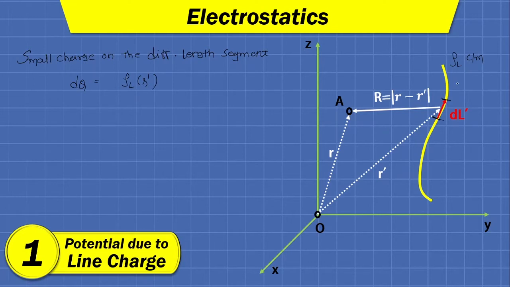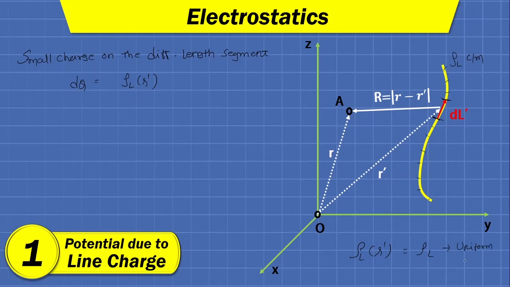If the charge distribution is non-uniform, then the line charge density will be a function of the physical position of the point on which the charge is laid. And if the line charge is uniformly distributed, then rho L of r prime can also be represented as rho L itself. This is only for uniform charge distribution.